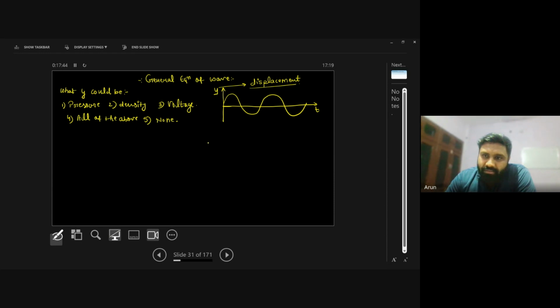Basavaraj, I think I have pronounced your name correctly. Basavaraj is saying none. Y represents none here. And what about the JNV Ramnagar student? What is your opinion about that? Which variation is given here? Y is the displacement, and displacement is of what? Is it a displacement of pressure, density, voltage, all of the above, or none?